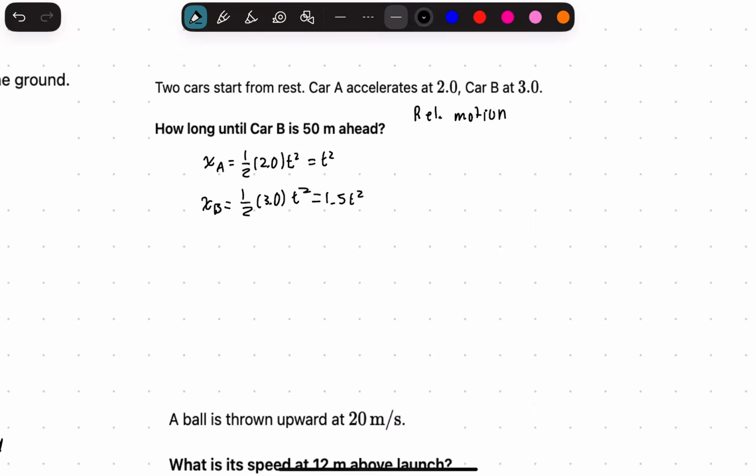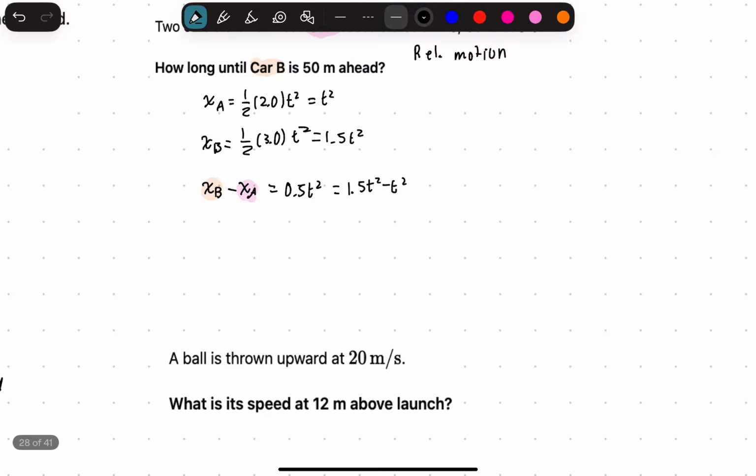Now we have to find the difference of xb minus xa, because we want to find when car B is ahead, right? So that means that you have to find the difference of A from B. So that's going to be 0.5 t squared, which was 1.5 t squared minus t squared.